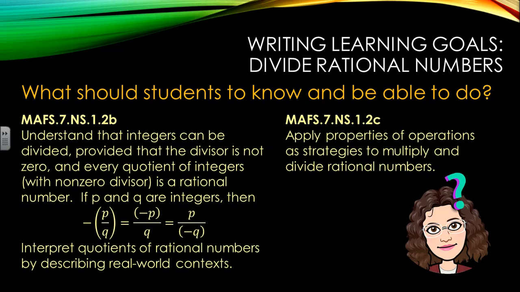First of all, students should be able to extend the rules for dividing integers to dividing rational numbers, and that includes signed numbers. And students also need to be able to relate multiplying rational numbers and dividing integers to division of rational numbers. So with these things in mind, let's write the learning goals of the lesson.